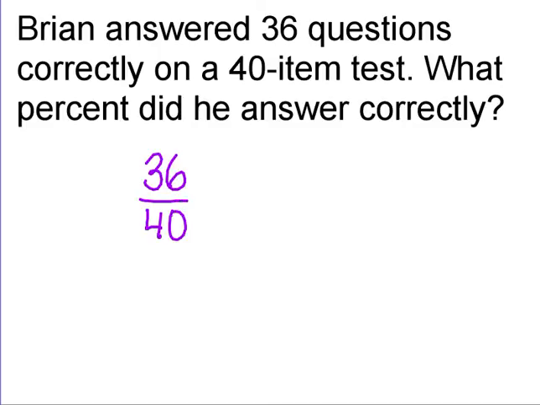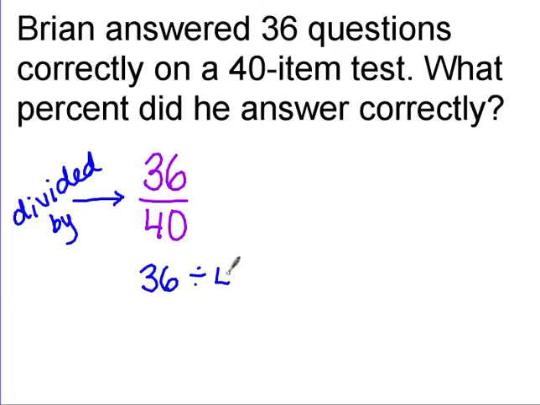So now, let's think about that. This right here means divided by. I know it's a fraction bar, but whenever you see that, it means division. So basically, this problem is 36 divided by 40. It's a problem you did yesterday for me. Division. So 36 divided by 40 means you have 36 as your dividend. 40 is your divisor.